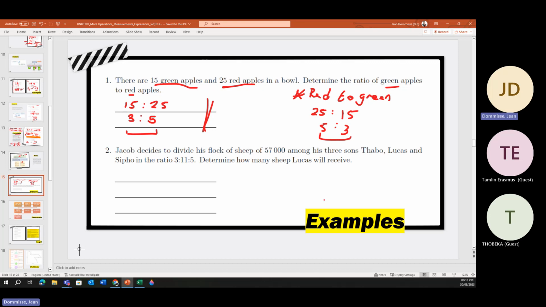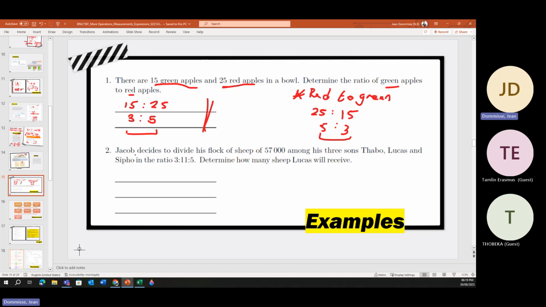It just depends on which way you're looking at it. So just be very careful, specifically with the ratios, that they don't throw in one of these weird ones where they ask you just the other way around. Okay, let's look at the next one.